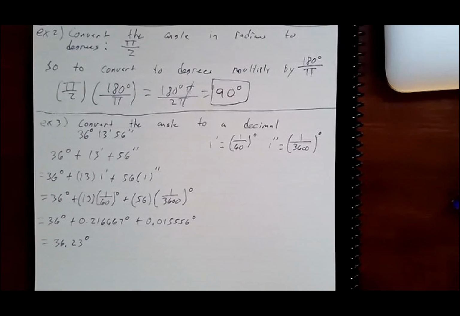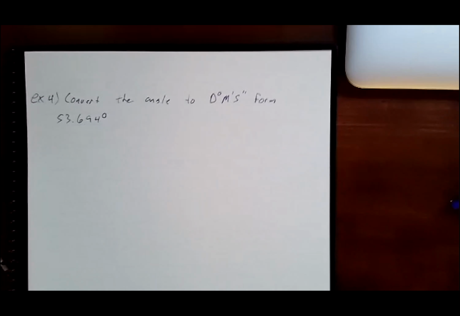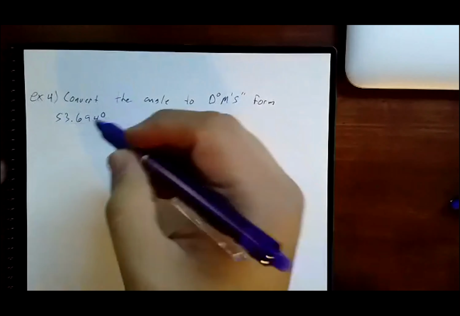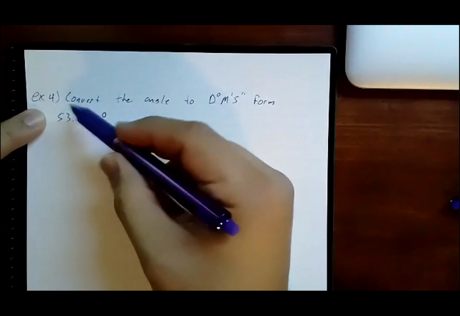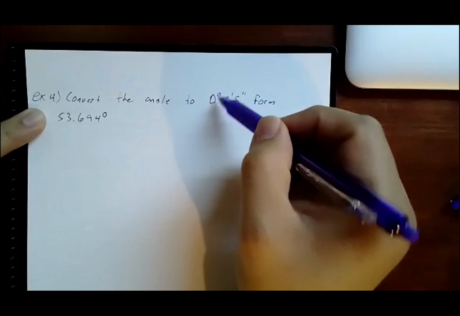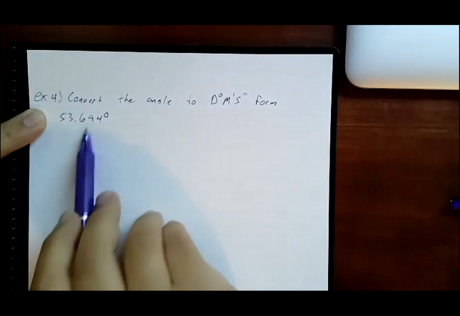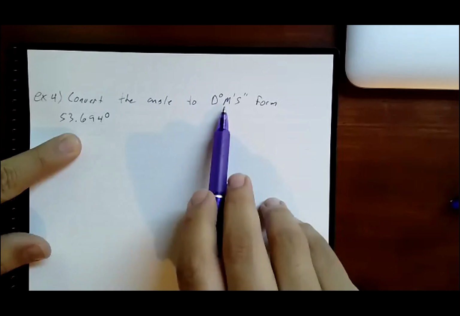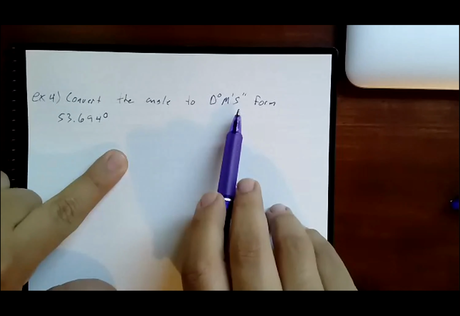One moment. So what you need to do is just basically leave the 53 alone, because that part's just going to be the degrees part, the D. So take the 0.694 and convert that to minutes, and whatever's left over there, you convert to seconds.